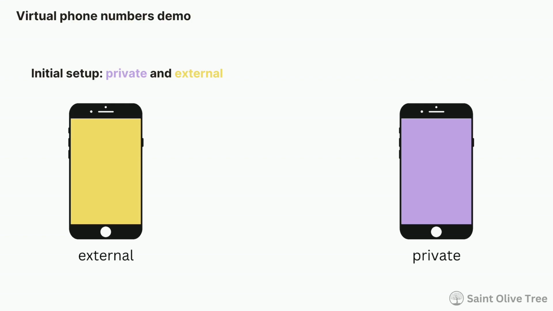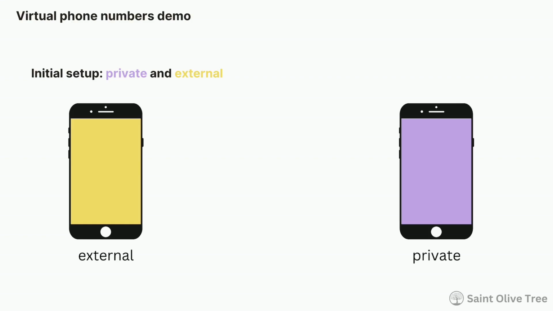The external phone respectively stands in for all robocallers, spammers, and scammers who want to call you against your will. We will demonstrate how virtual phone numbers create a separation between these malicious actors and yourself, and how they give you more control over the communication.